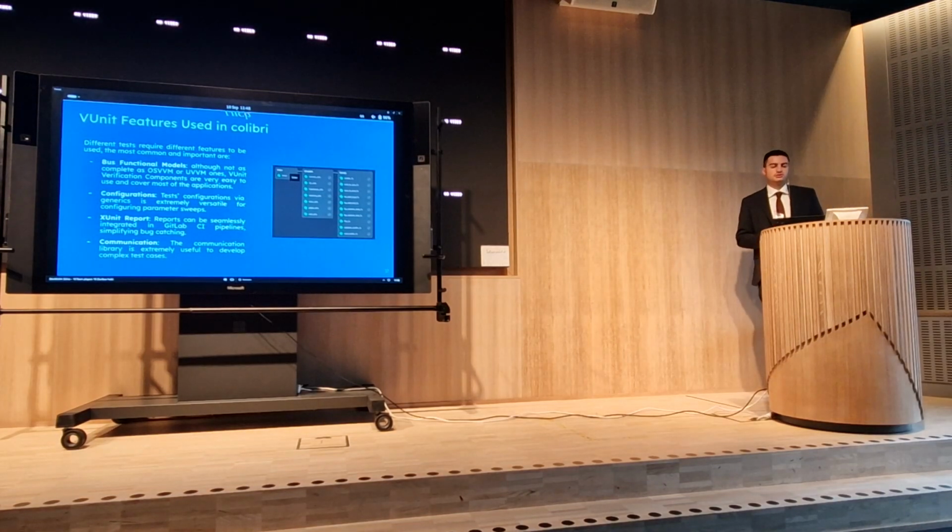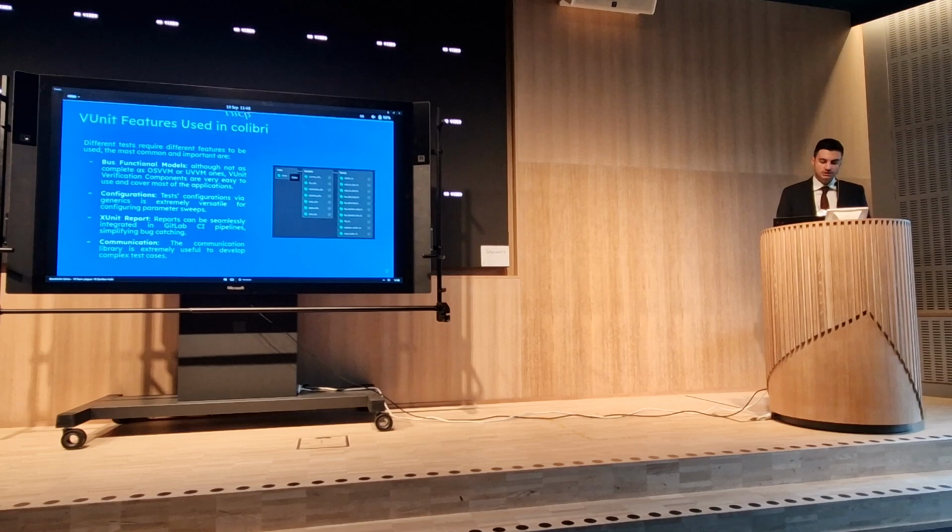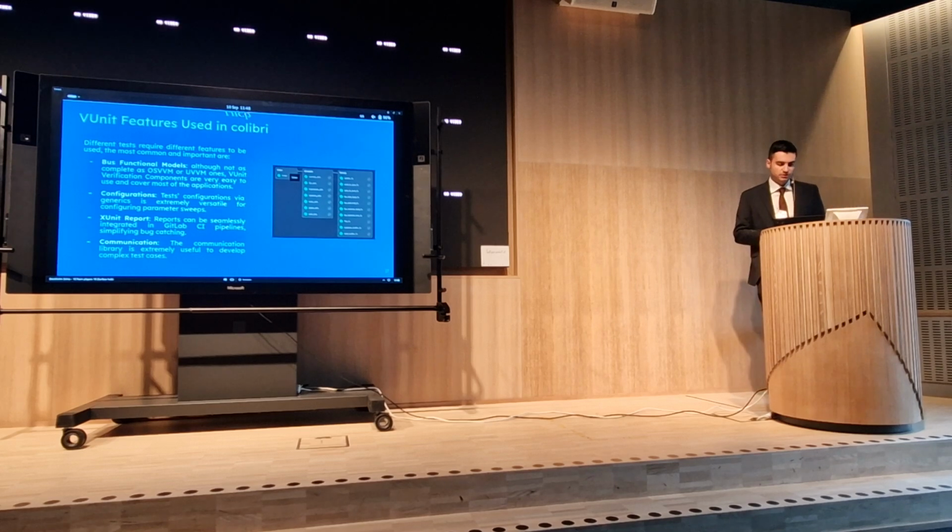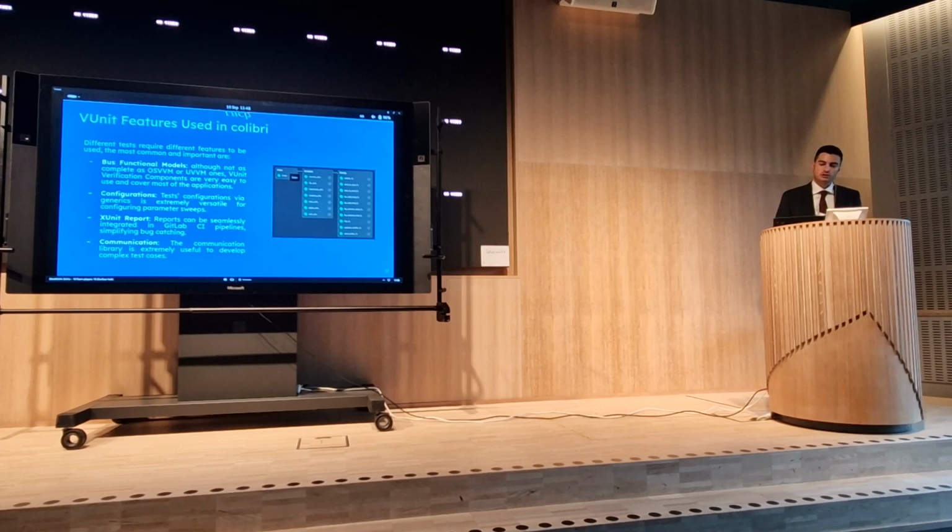So the features that we think are the most common and important of VUnit that we used are the functional models or verification components, which are not as complete as the OSVVM and UVVM ones, so in some cases we have to go and use those, but they are very easy to use and cover most of the applications we need.